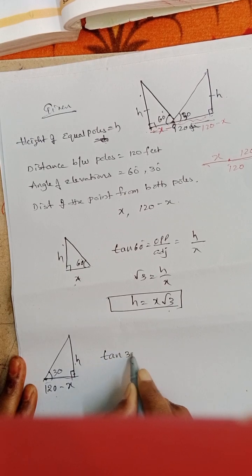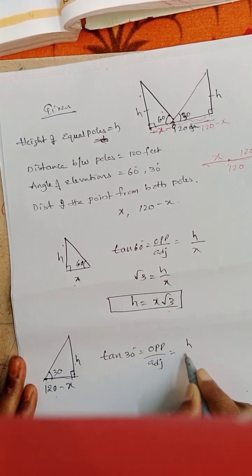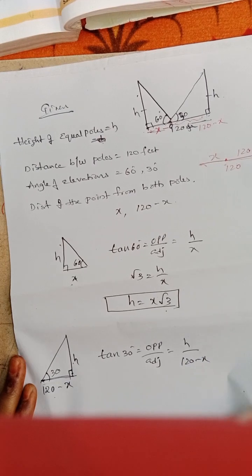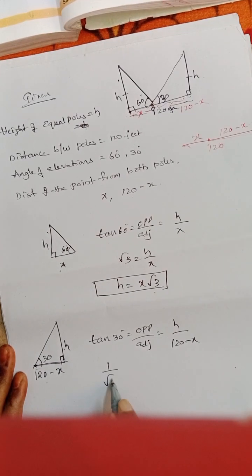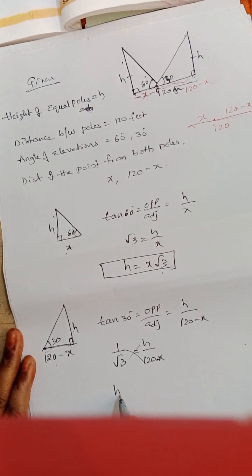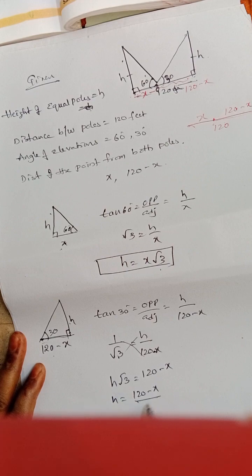Tan 30 degrees equals opposite by adjacent, which is h by 120 minus x. Tan 30 we know is 1 by root 3. So 1 by root 3 is equal to h by 120 minus x. Then take the cross products: h root 3 is equal to 120 minus x. So h equals 120 minus x by root 3.